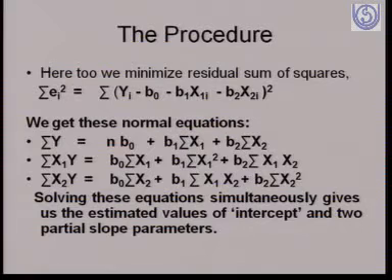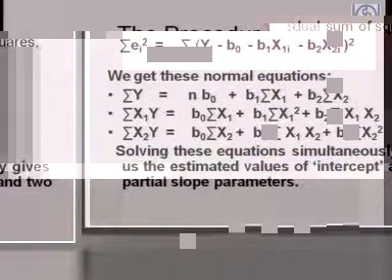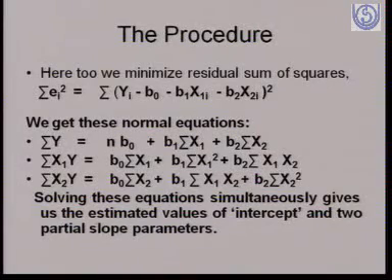What is the procedure for estimation? Here too we have to minimize the residual sum of squares. Compare this expression with what you had for simple linear regression. Now you find on the right hand side the term b2x2i included within the bracket.